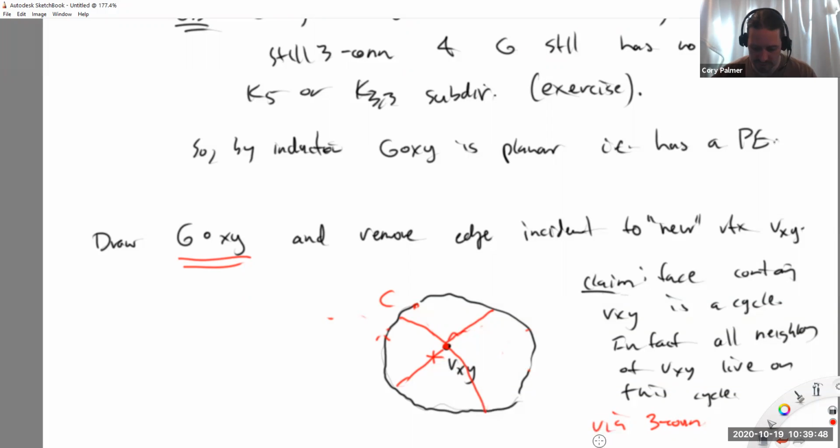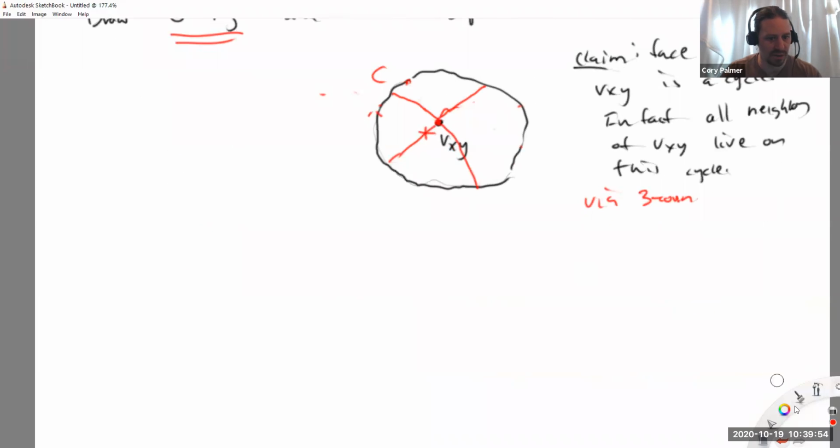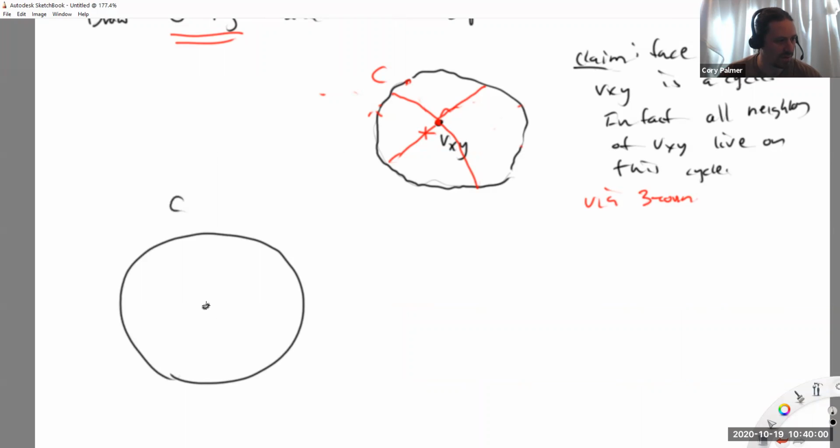All right, we're going to use this fact multiple times in the remainder of the proof. So let's scroll down a little bit, and let me show you what the goal is here. Let's draw the cycle again. Here's C, and here's Vxy. And I know all the neighbors of Vxy are on the cycle here, in this planar embedding. So we're thinking about this as the planar embedding of G contract XY.